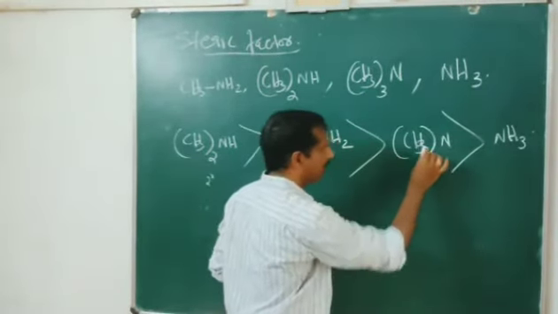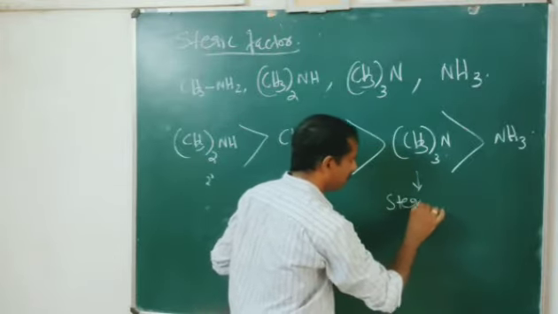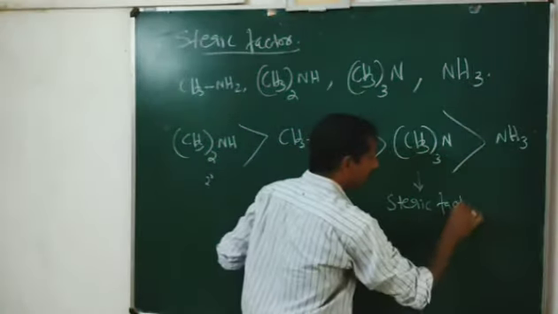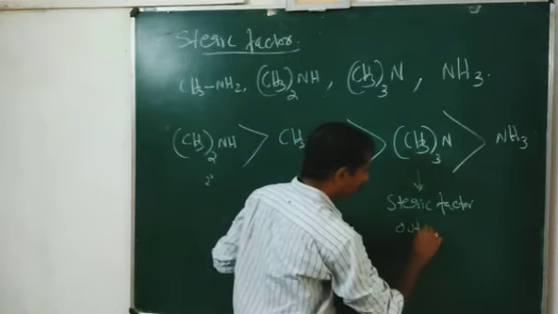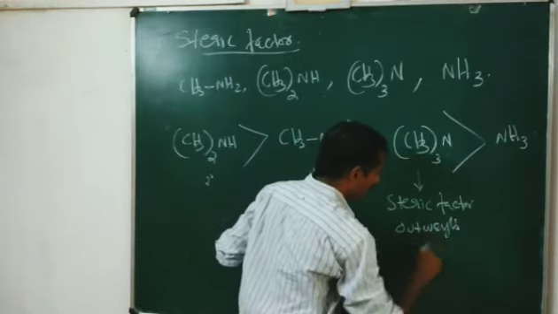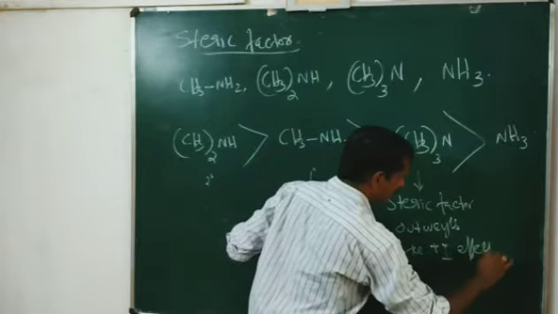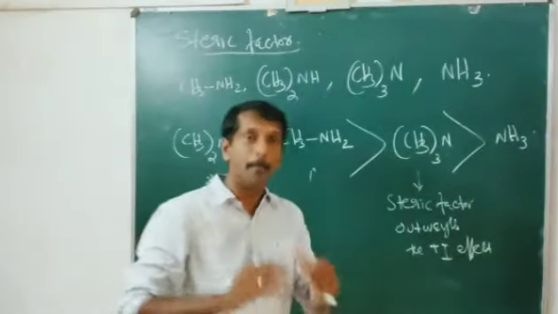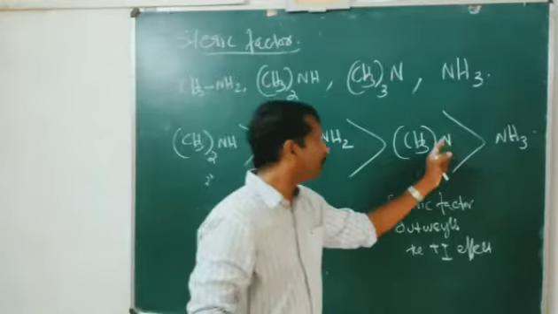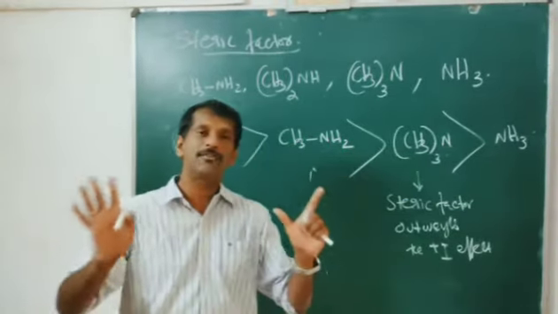We can see that here the steric factor outweighs the plus I effect. That means the steric factor is more in the case of a tertiary amine. What do you mean by steric factor is more?